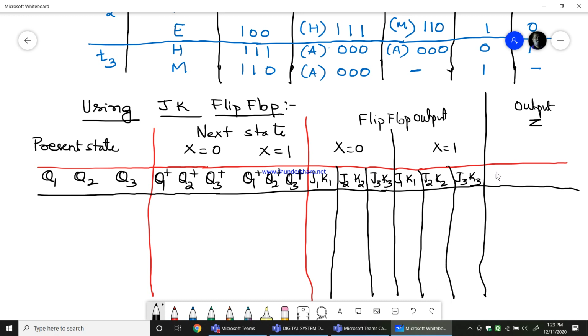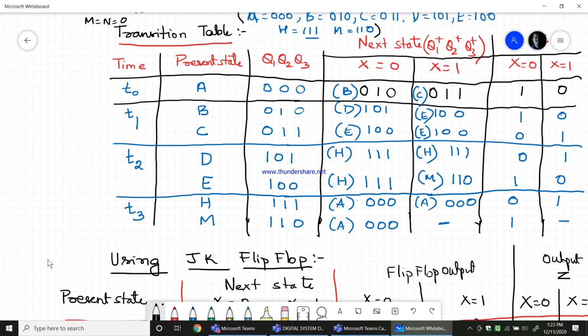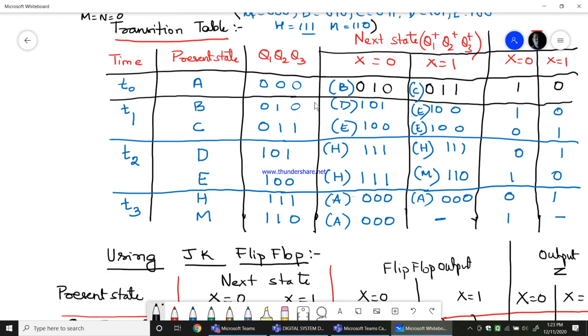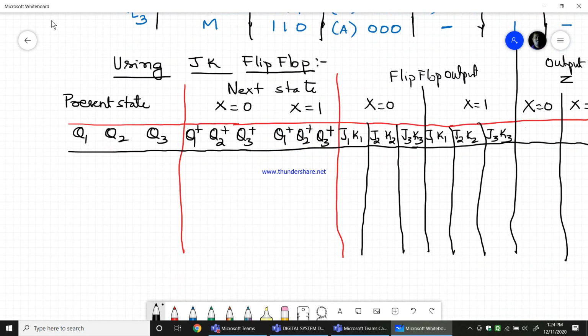Output z when x equals 0 and when x equals 1. Okay, so present state is what? q1, q2, q3. So write this 0, 0, 0, 0, 1, 0, 0, 1, 1, 1, 0, 1, 1, 0, 0 and so on. So write that bit sequences here.